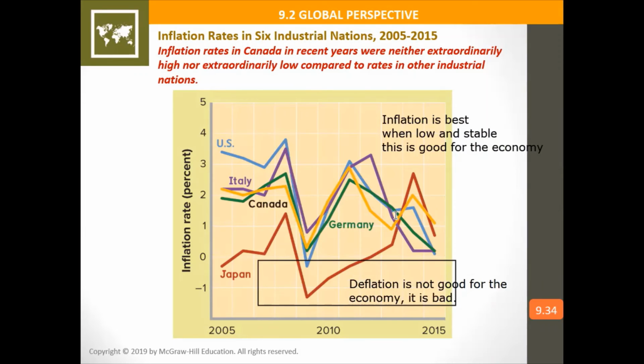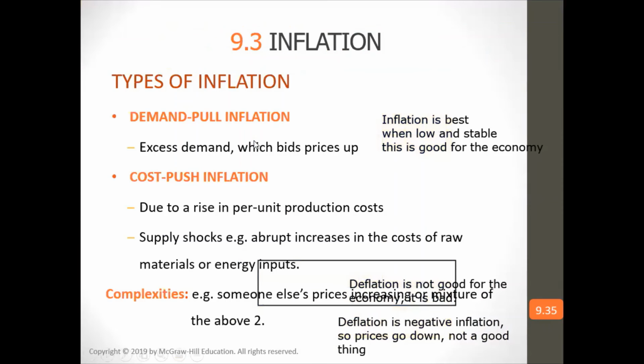It's not good for the economy, it's bad. They want to avoid deflation as much as possible. Deflation is negative inflation, so prices go down. Not a good thing. That's probably one of the reasons why the Japan economy is not great right now.